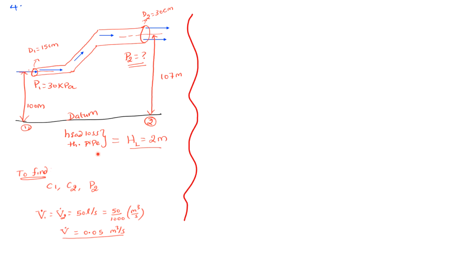To convert liters per second into meter cube per second, all we have to do is divide by 1000. So 50 divided by 1000 gives 0.05 meters cube per second. There is also a head loss here, so be careful.